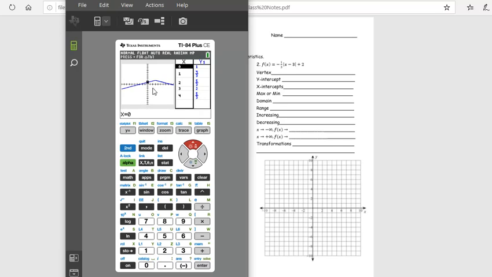To find my x-intercepts, I want to look for when y equals 0. I'm going to continue moving up the table. You can see the first x-intercept is at -3, 0. If I want to find the other x-intercept, I'll go down the table, and I can see that it is at 9, 0.